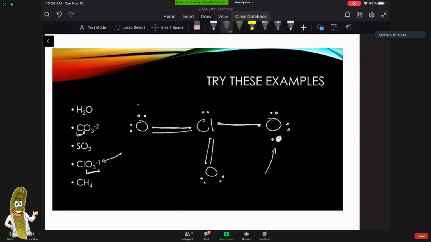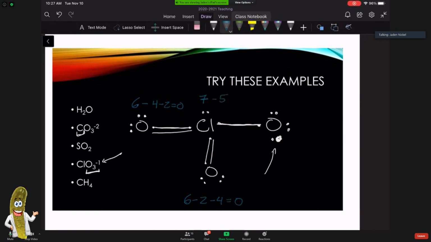So if we're to check the formal charges of this, I would look at oxygen here and see that this has a valence number of 6. There's 4 dots and 2 lines, so it's 0. Same thing with the bottom. If I look at chlorine here, I have a valence number of 7.